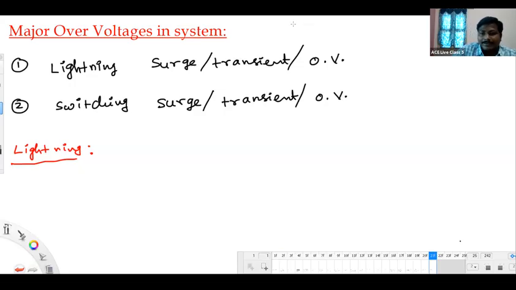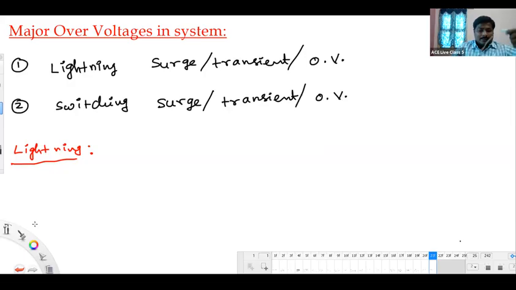Actually, what will happen is there will be some charges accumulated in the cloud, maybe because of friction between the water drops and all.